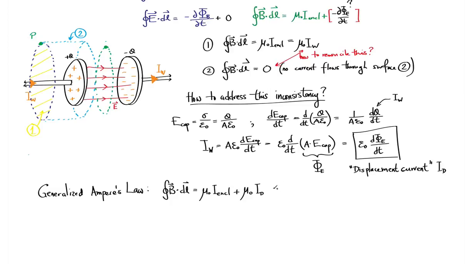So in other words, I can just write this as B dot dl equals mu naught I enclosed plus mu naught epsilon naught d phi E dt. Okay.